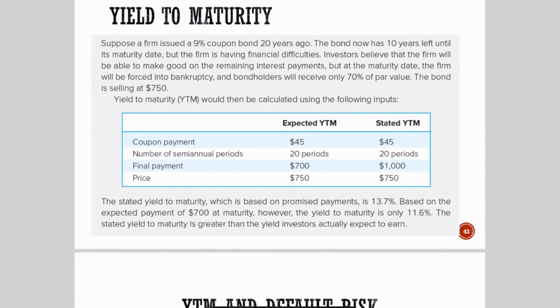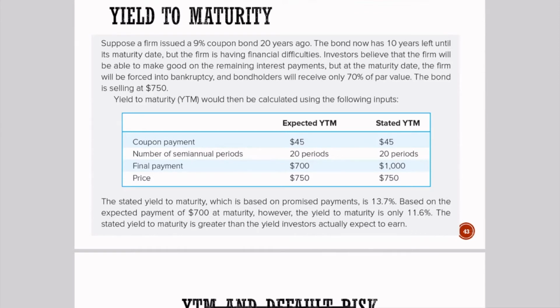calculate the yield. To calculate yield, you need 4 inputs. Always remember this: 4 inputs, 1 output. The inputs are the coupon payment, the number of periods, the final payment of your par value, and the price of the bond.